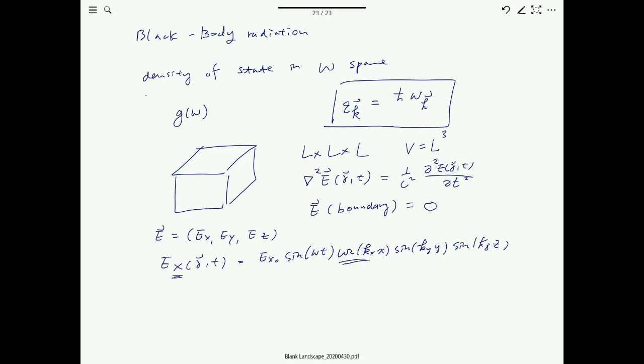Okay, so this boundary condition usually gives us a quantization of the k vector.